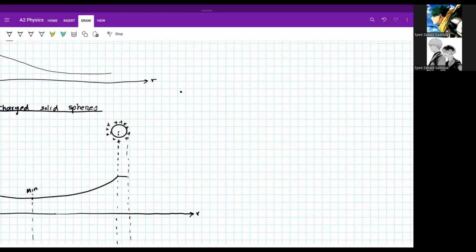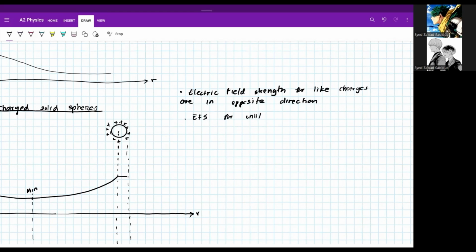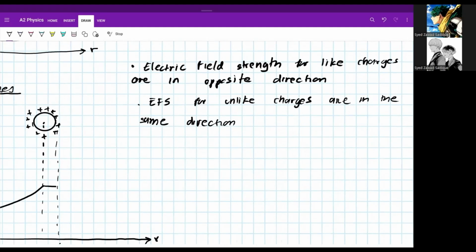Okay. So electric field strength. Electric field strength for like charges are in opposite direction. Then electric field strength for unlike charges are in the same direction. This is bullet point 2.